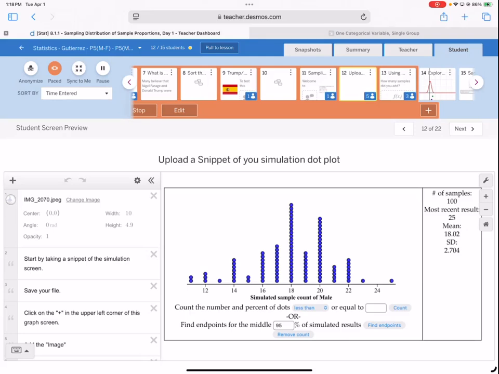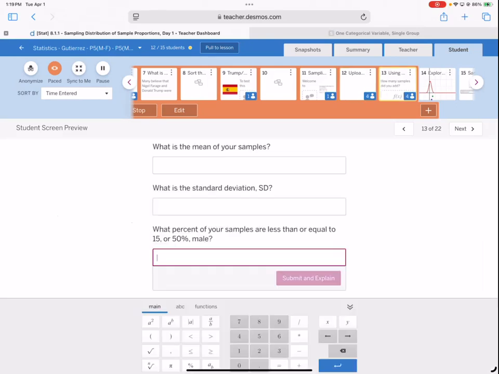I got 15 dots. Okay? 15 divided by 100. That's your answer for the percent. So my answer in my problem is I got 15 divided by 100 dots, which is equal to 0.15, so 15%.